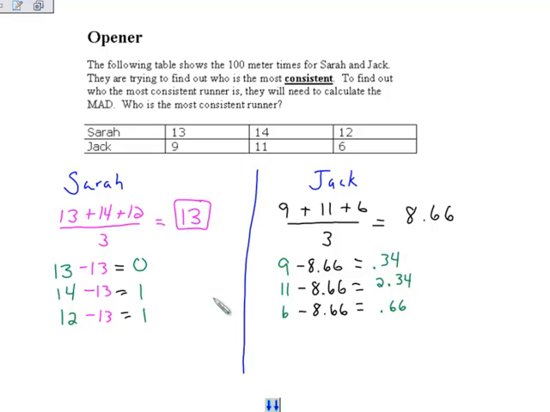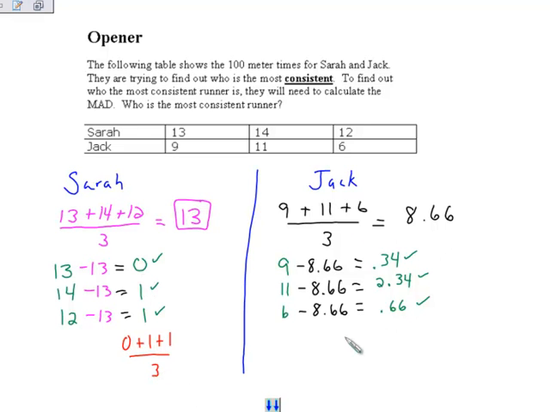Step 3, what does it say? Find the average or the mean of all the values found in step 2. We're doing the mean again, but now we're doing the mean with these numbers right here. So what do we do? We add the data values and divide by how many we have. In our case, for Sarah, it's 0 plus 1 plus 1, all divided by 3.